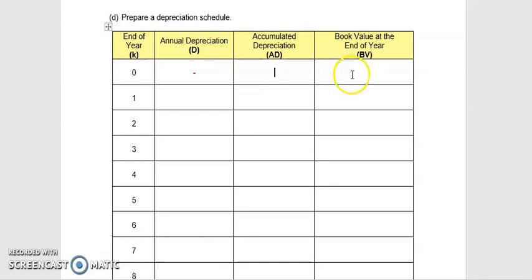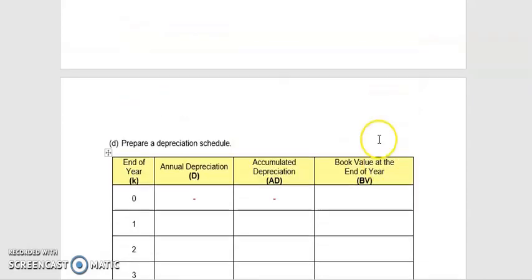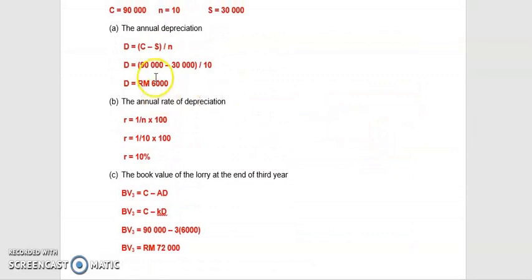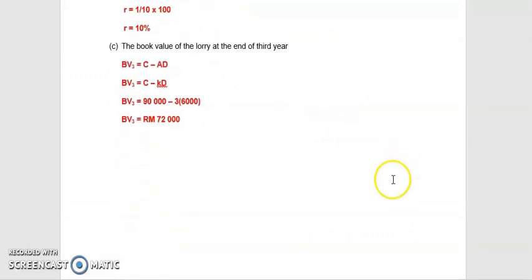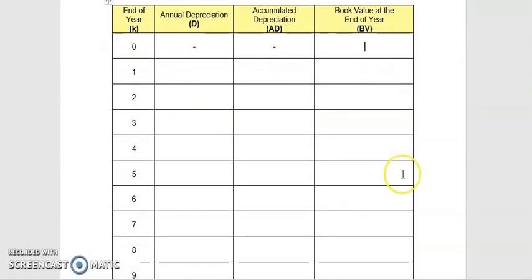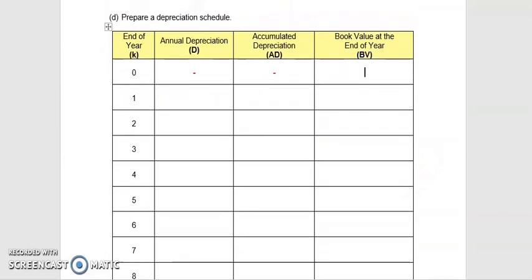Accumulated also you can just put a dash, because we just bought the asset. Book value will be the original cost. What is the cost just now? 90,000. So here 90,000.